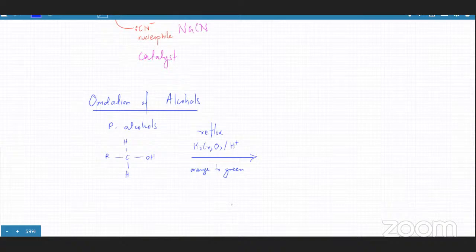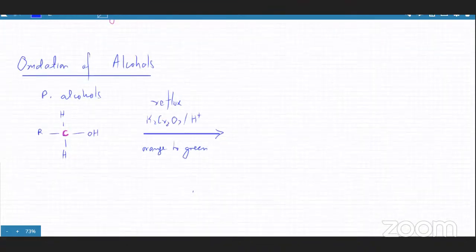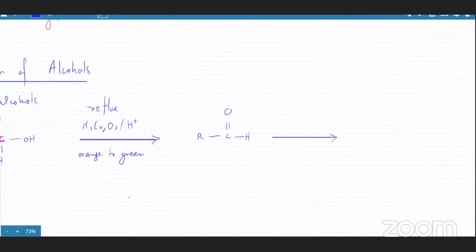What happens to this carbon atom? Remember, all the change that's going to happen is going to happen to the alpha carbon, which is the one that's attached to the functional group. So this changes into an aldehyde first. There's R still there, and it changes into an aldehyde, and it then further gets oxidized to a carboxylic acid.